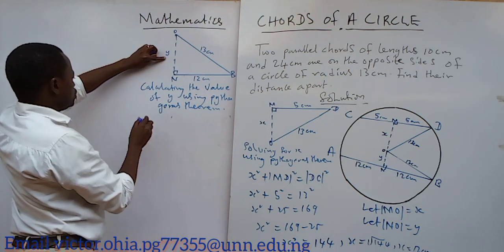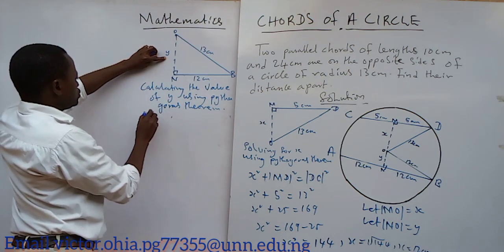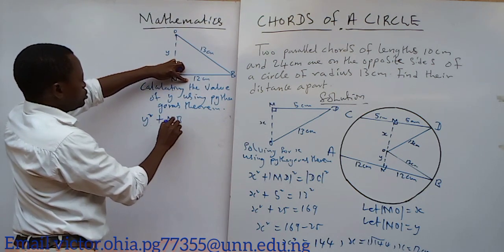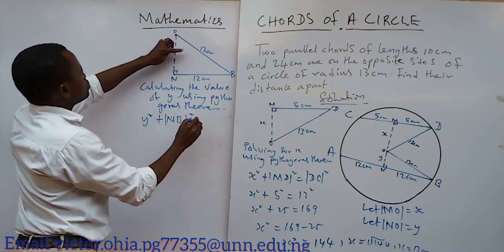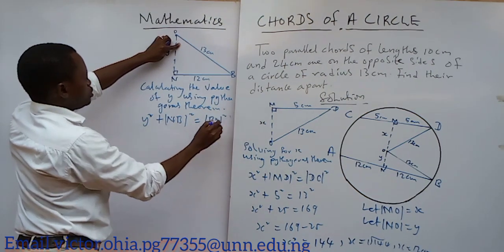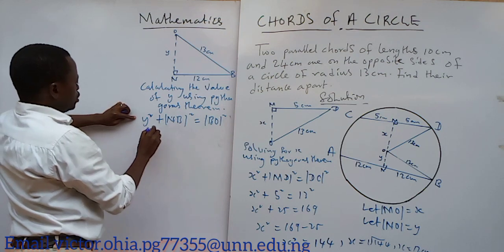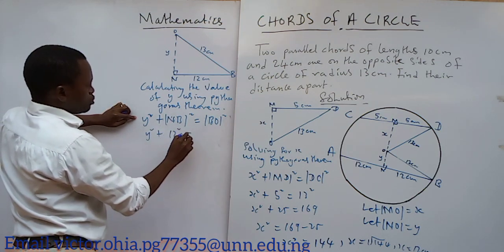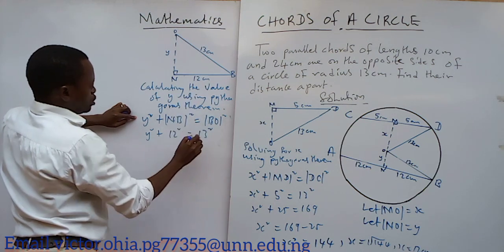So it says y squared, that is opposite squared, plus adjacent squared, which is NB squared, equals the hypotenuse squared, which is BO squared. So we have y squared plus NB, which is 12 squared, equals 13 squared.